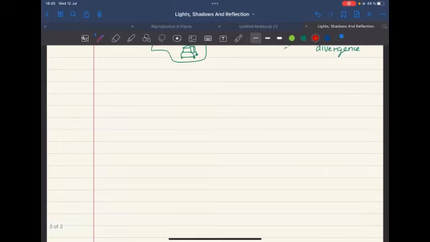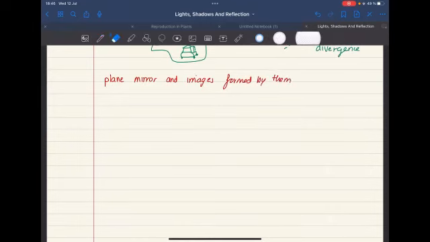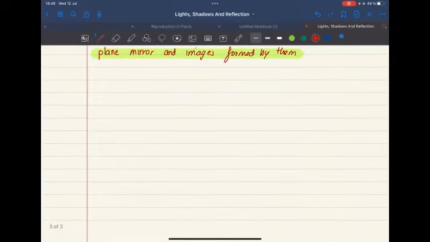Okay, so now we're going to talk about the plane mirror. What a plane mirror does is change the direction of the light that is falling on it. That is its function, okay?